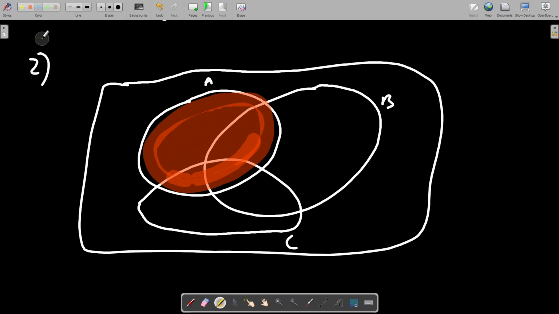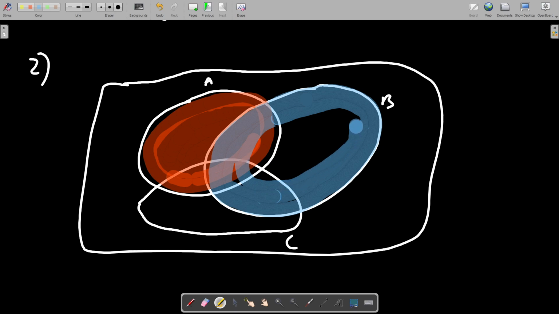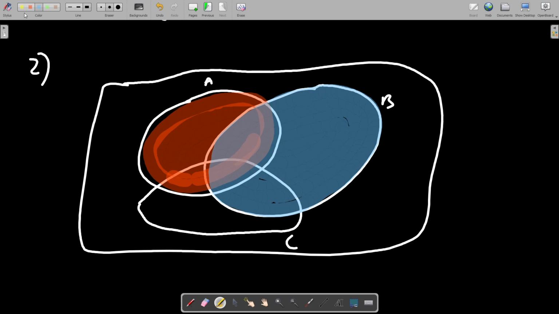So moving on now. We counted the elements of A. Now let us count the elements of B. Now we'll count the elements of B as all this blue thing. Okay, and we'll count the elements of C in yellow.